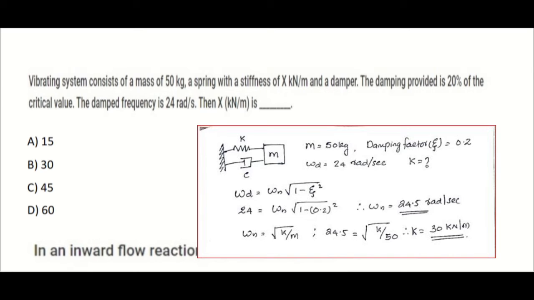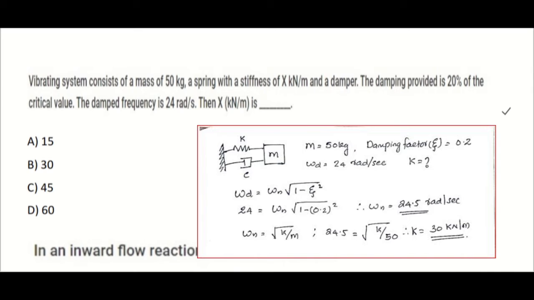Here it is mentioned that the damping provided is 20% of the critical value. That is the damping ratio or damping factor eta, which is given as 0.2, that is 20%. We need to find the spring stiffness K or x.